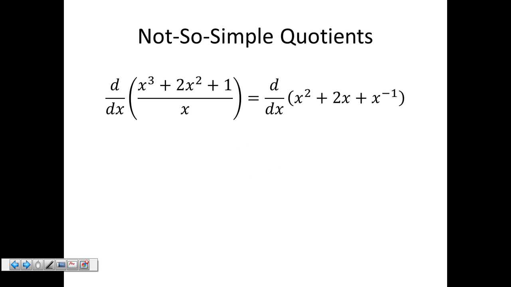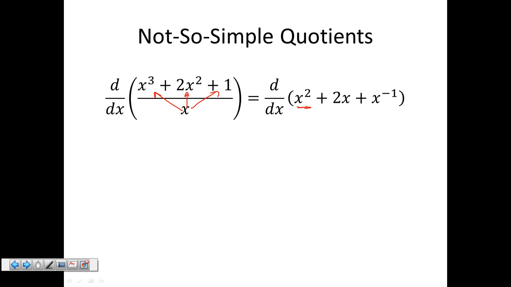All right, how do we deal with a not so simple quotient? Now I've got this big polynomial on top. I've got just a little measly x. I can't get this too complicated and still be able to use the power rule. But one thing I can do is just distribute this x through to each term. So I'm going to take x cubed divided by the x, and that's how I get this x squared. 2x squared divided by x becomes 2x.